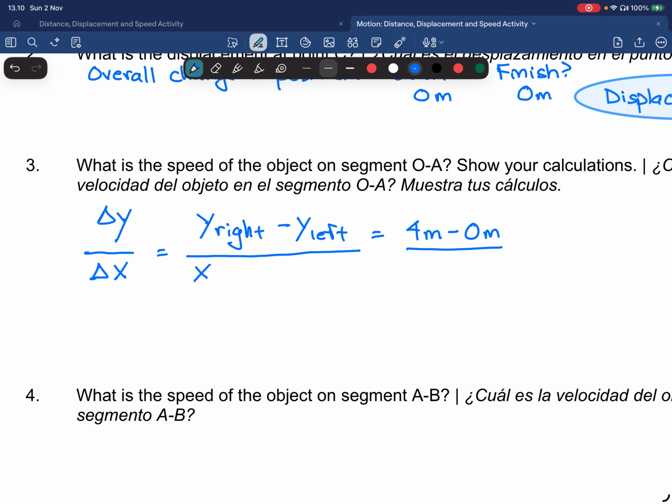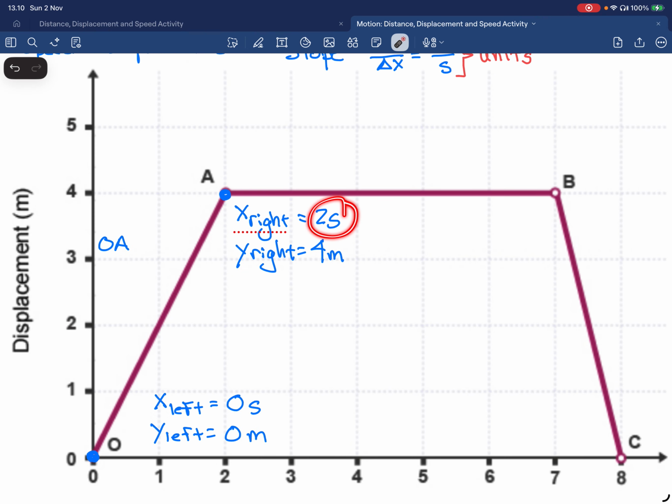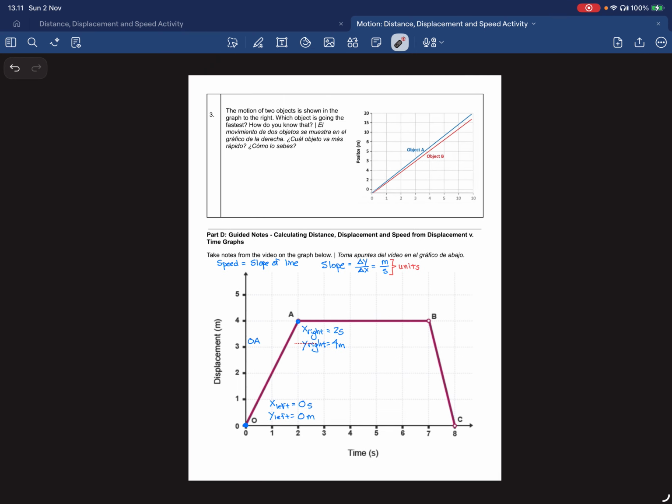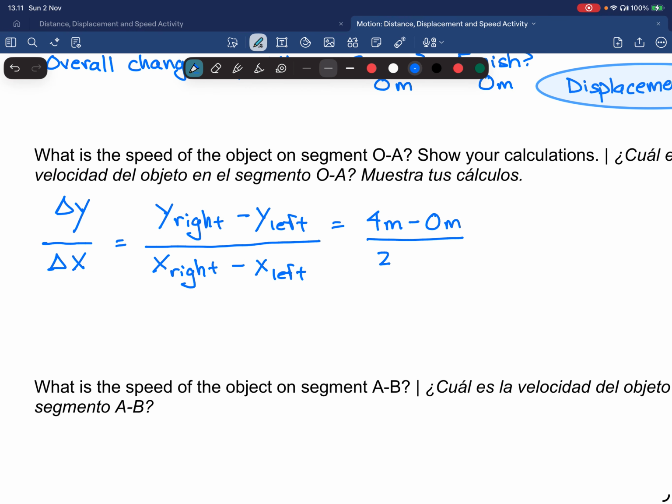Delta x is x right minus x left. So we go back to the graph. X right is 2 seconds, x left is 0 seconds. 2 seconds minus 0 seconds. That gives you 4 meters over 2 seconds.